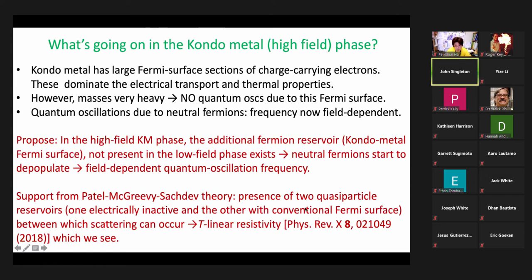And you get scattering between them, you get transfer of fermions between them. And that's the only way you can get a linear T resistivity. So this is very strongly suggesting that we have these conventional electrons that are very heavy, and then we have the neutral fermions, which are still hanging on in their Fermi surface from the low field phase, but it's gradually getting destroyed.